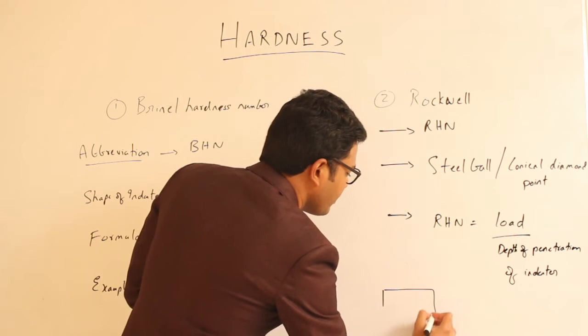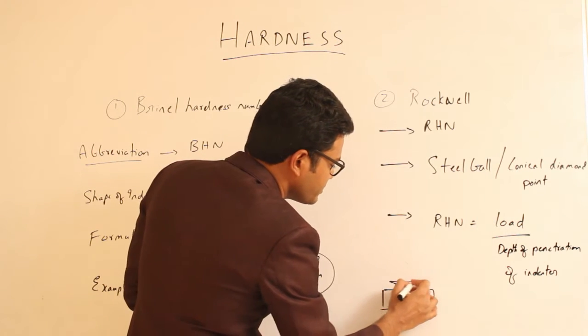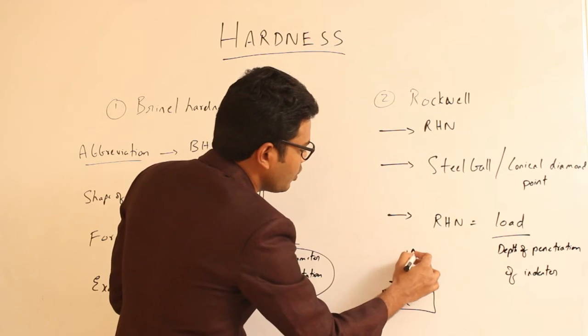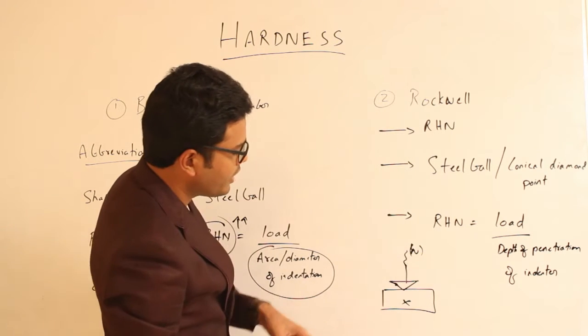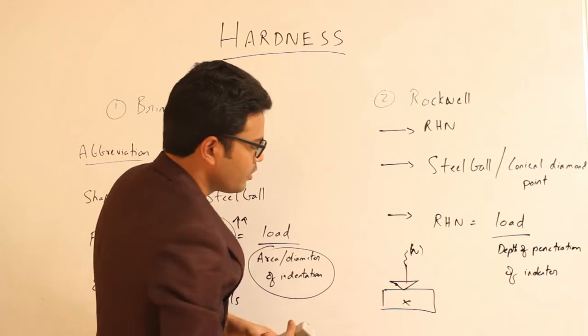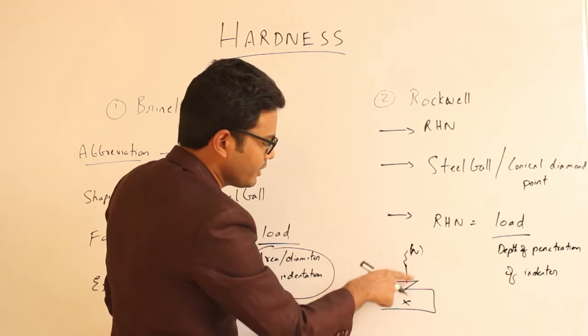Suppose you have a material X, and assume that a conical diamond point indenter is being used. The moment we apply the specified load, that is N, pressing this indenter onto the surface of X, there will be a dial gauge on this entire indenter.